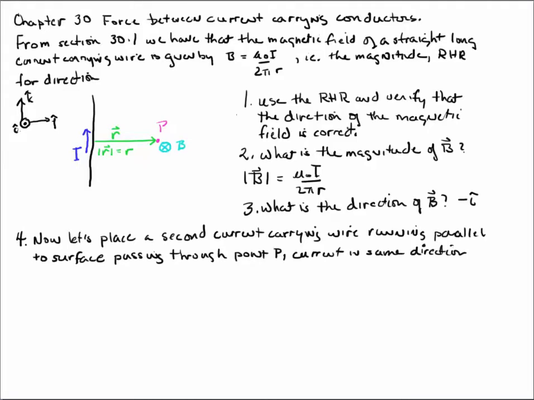Now let's place a second current carrying wire. We're going to run it parallel to the wire on the left, passing through point P, and the current in the same direction.